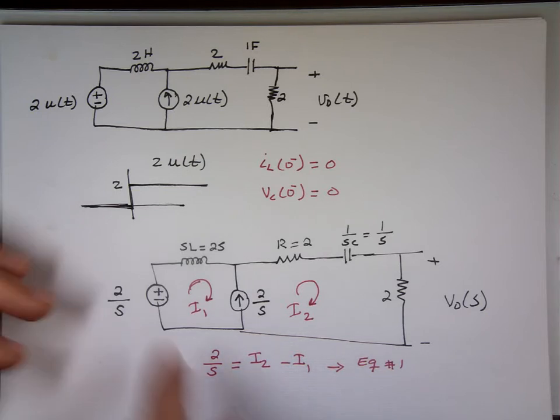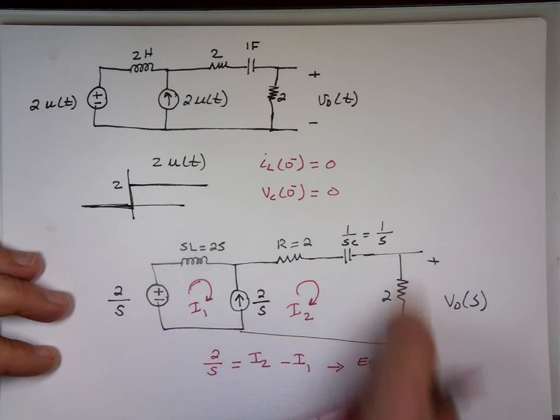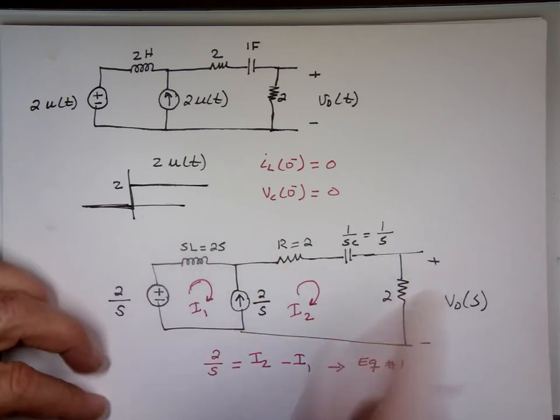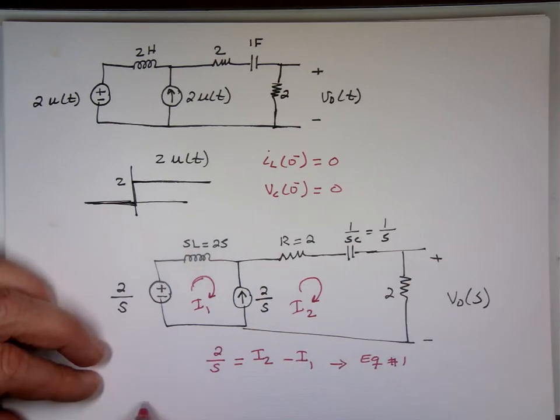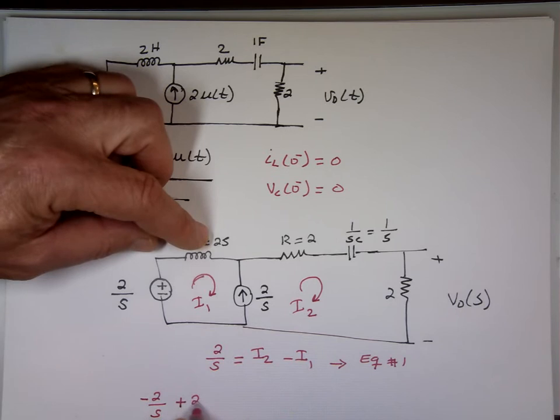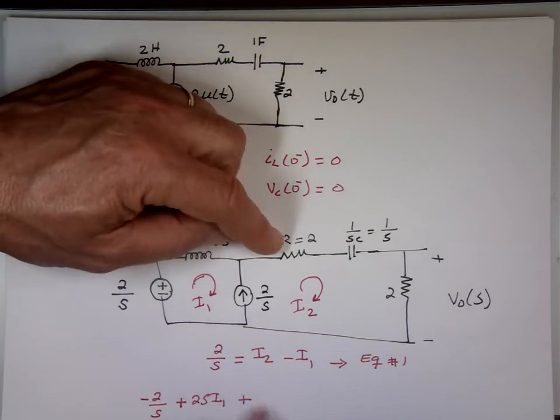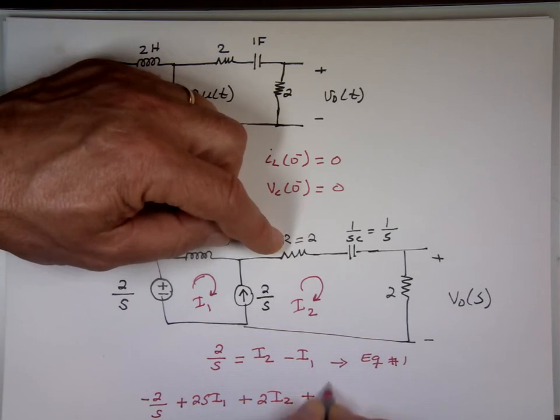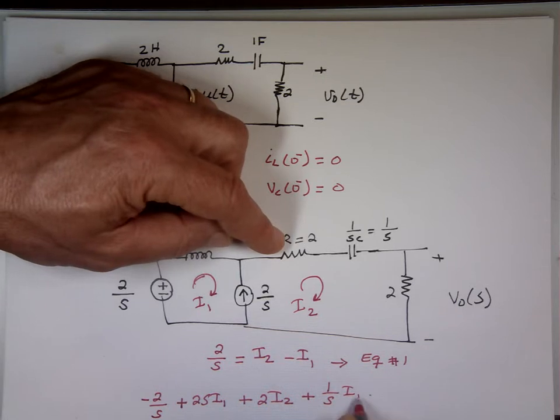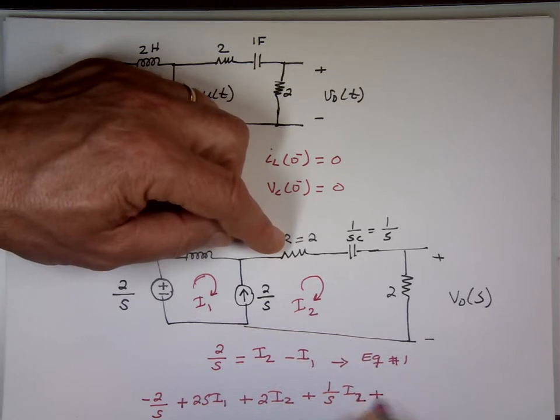And now let's do a KVL on the outside. Outside of this: negative 2 over S plus 2S times I sub 1 plus 2 times I sub 2 plus 1 over S times I sub 2, plus 2 I sub 2 is equal to 0.